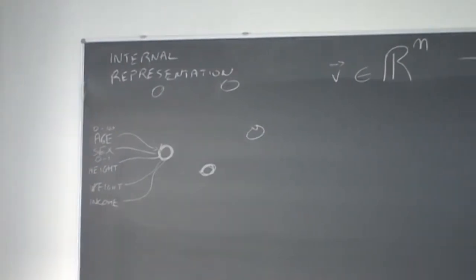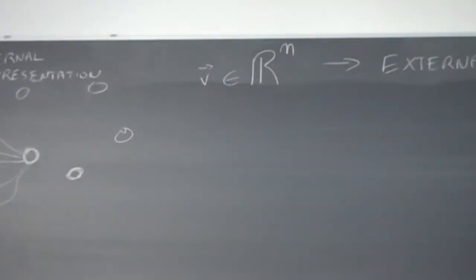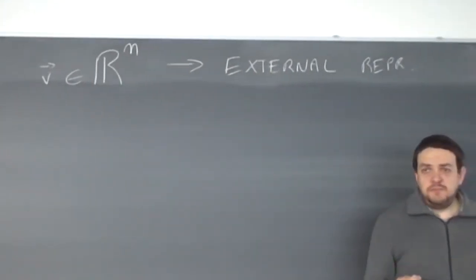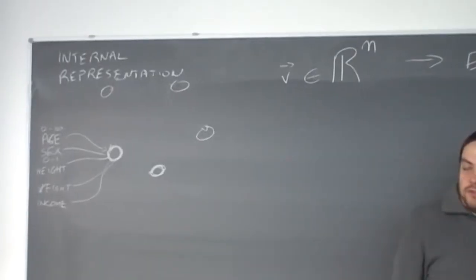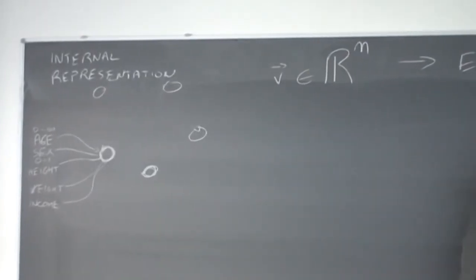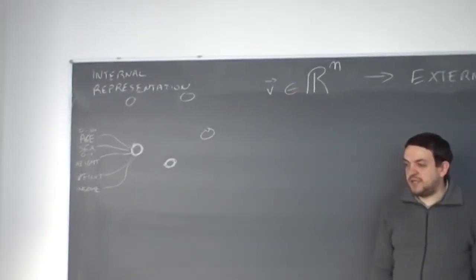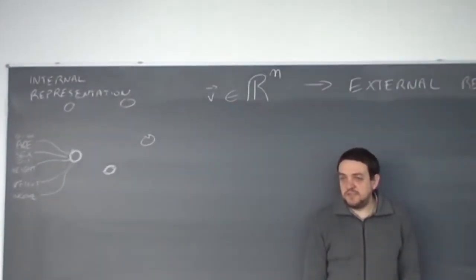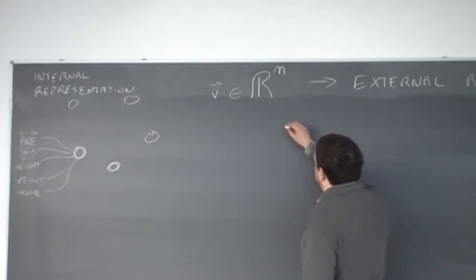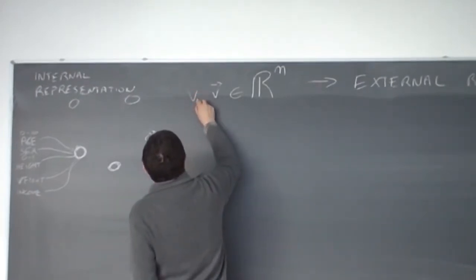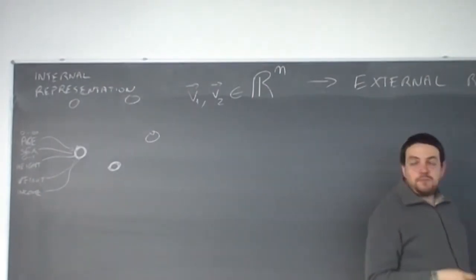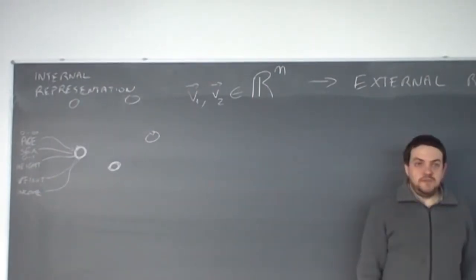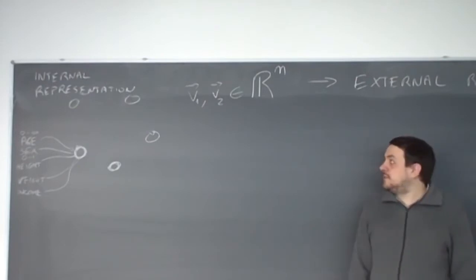And what is a possible relationship between objects given their internal representation? For example, if we represent objects in a vector space, we can consider their distance. If we have two objects, V1 and V2, each represented by a tuple of n numbers.